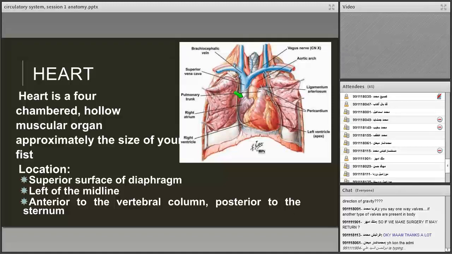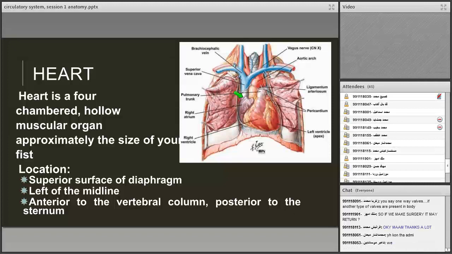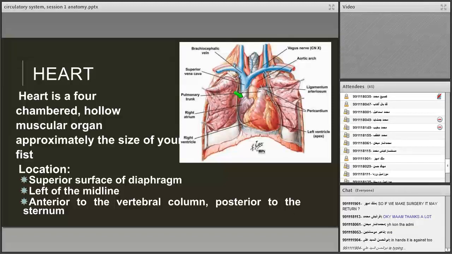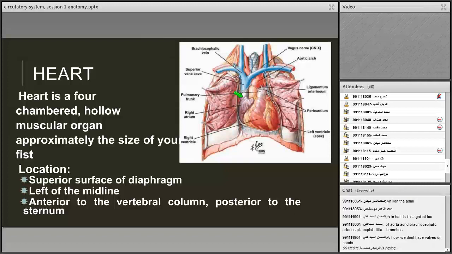So it is against the direction of the gravity. Okay? The direction is vice versa in arteries and veins. In arteries, it is in the direction of gravity, but in veins, it is against the direction. Because of that, the veins have one-way valves.